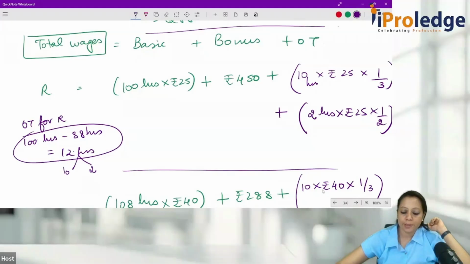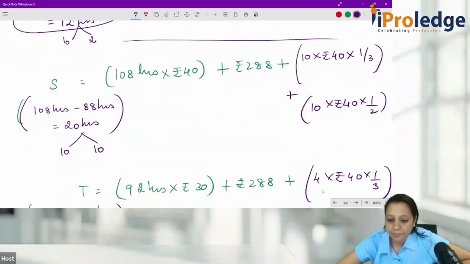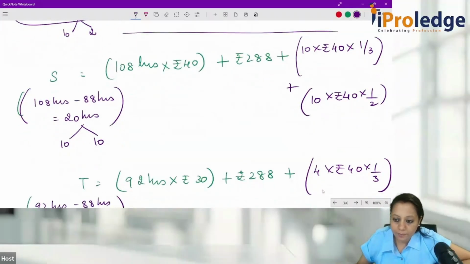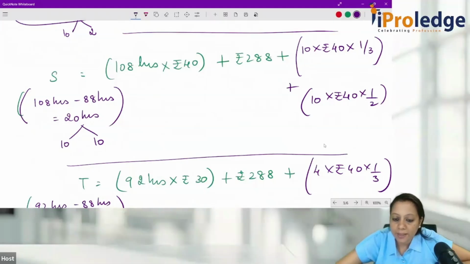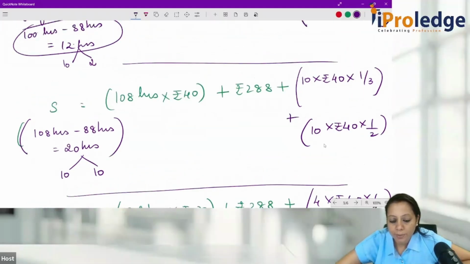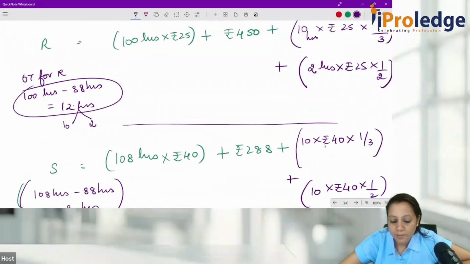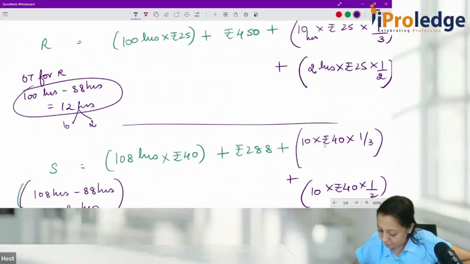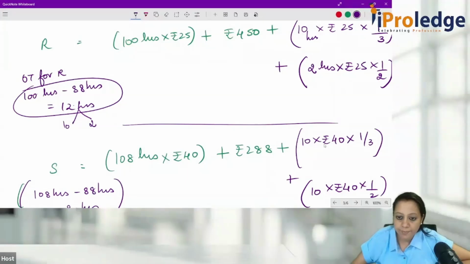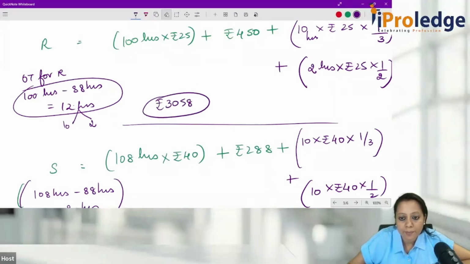Can I scroll down to yours? And has anyone done the calculation? Okay, no problem. I will do the calculation. 3058 for R. I'll write in red color.